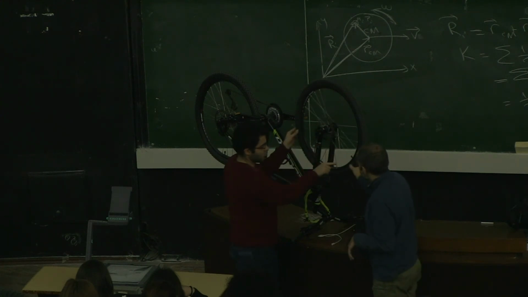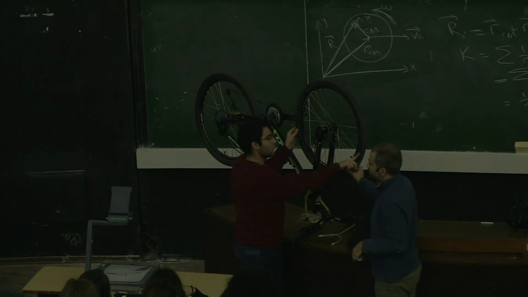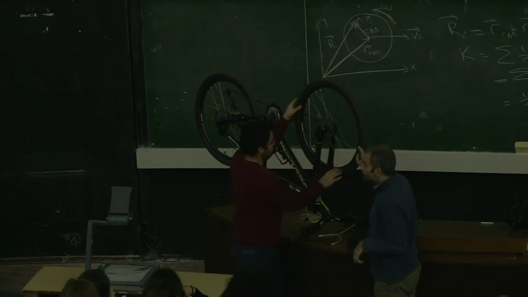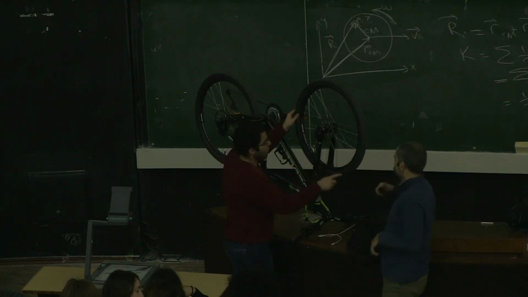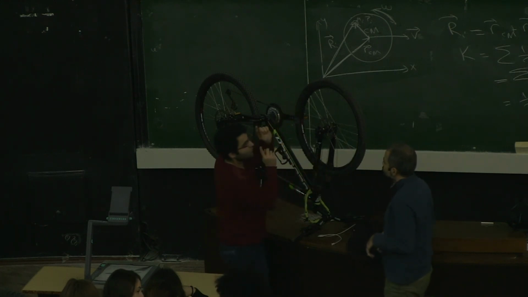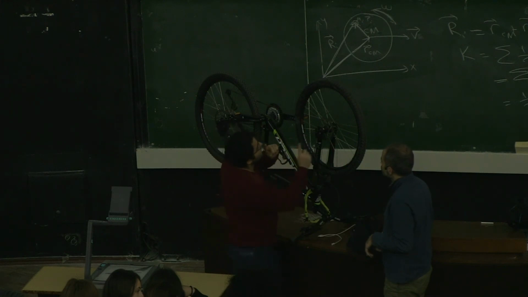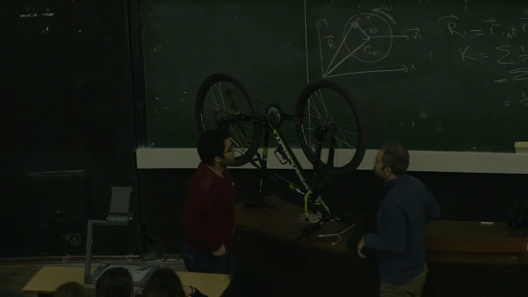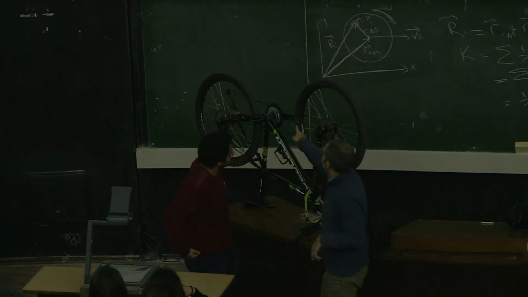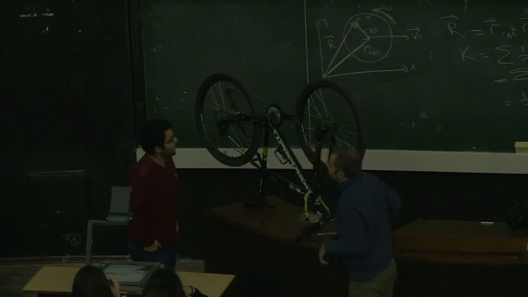This point has velocity tangent to the circle it is drawing, and this point has velocity in this direction.